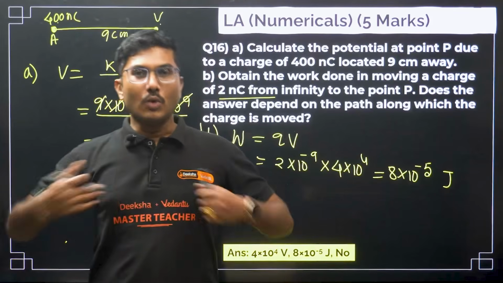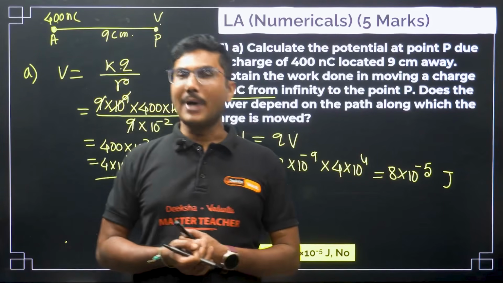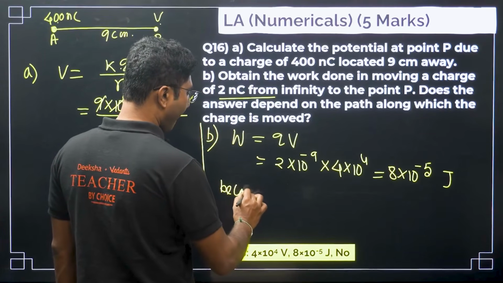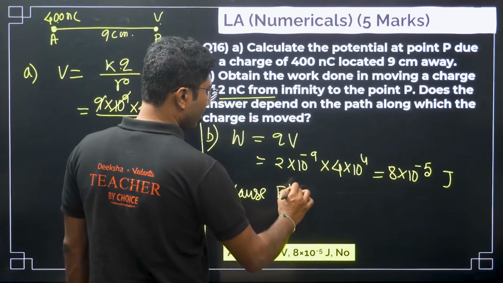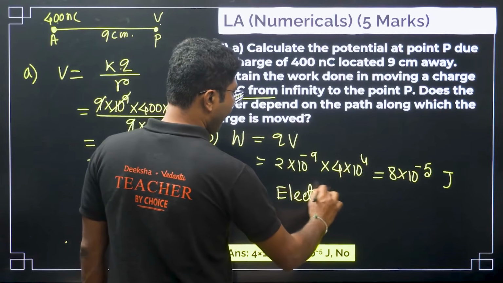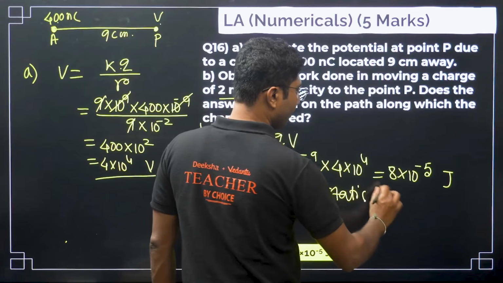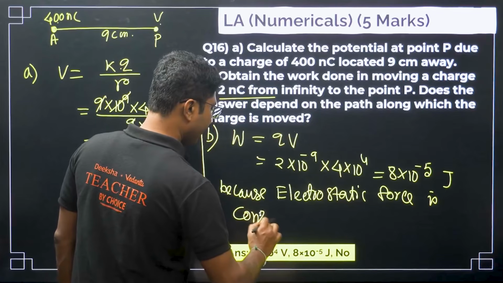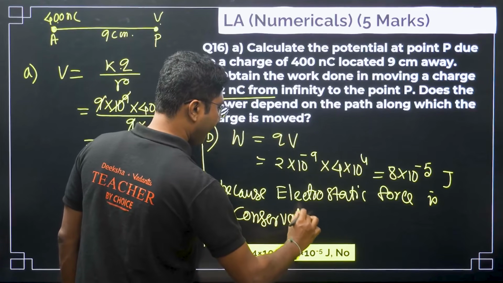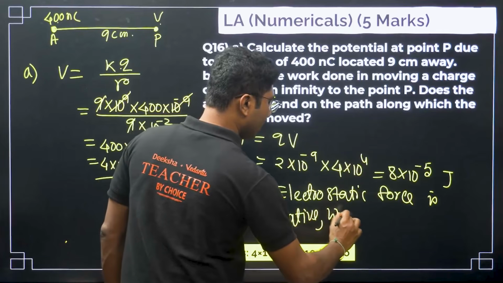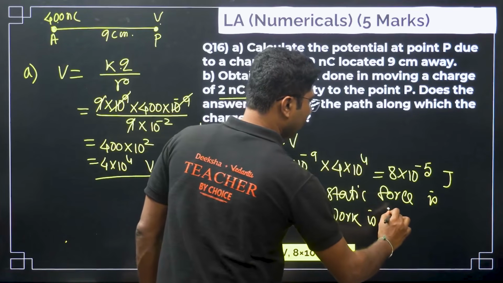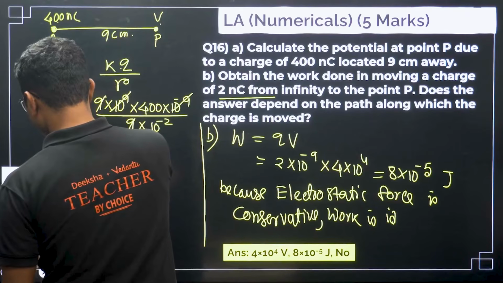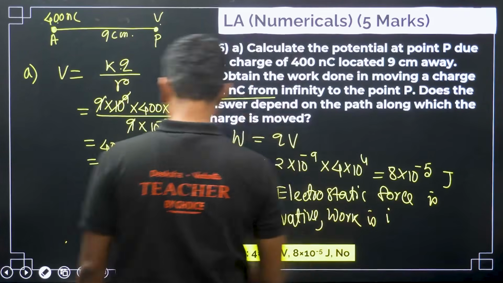That means work done is independent of the path taken. Because electrostatic force is conservative, work is independent of path.